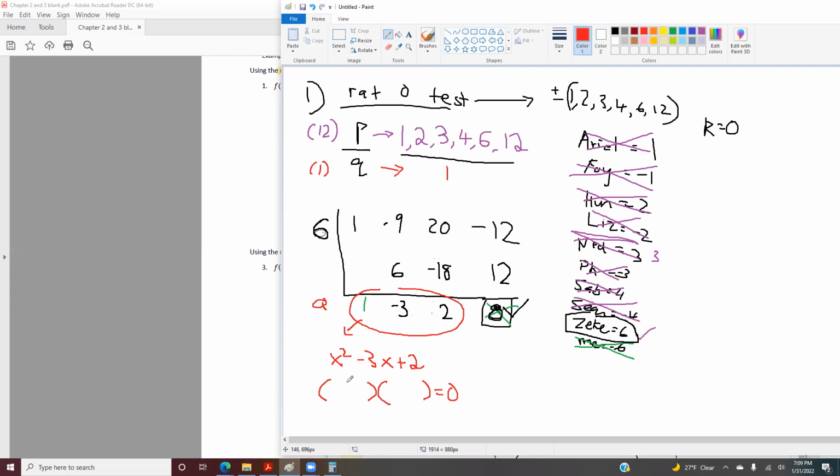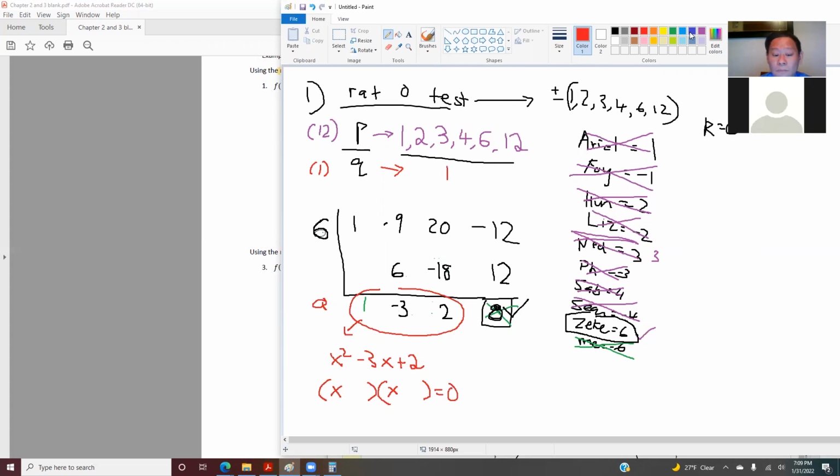So anyone? What's the factor here? Is it just x minus 2 and x minus 1? So what is x in this case? 2 and 1.